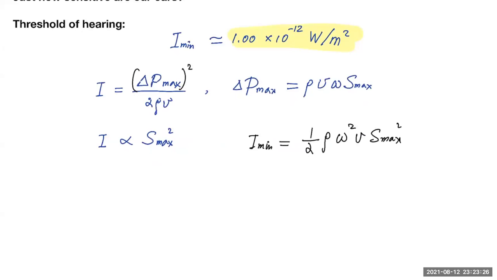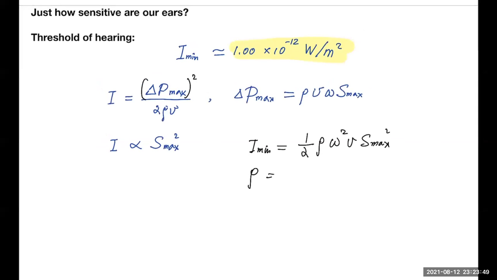So we have to know the density of air, that's 1.29 kilograms per meter cubed. And omega, that has to do with the frequency, it's actually 2 pi f. So let's assume it's 1000 hertz. Okay, that's a typical frequency that our human ears are pretty sensitive to. So rho equals 1.29 kilograms per meter cubed.